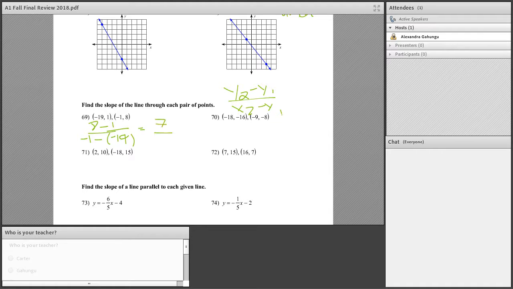So 7 over. And then negative and negative, I'll make it a positive. So you will get 18 over 18. So that's your slope. Okay.